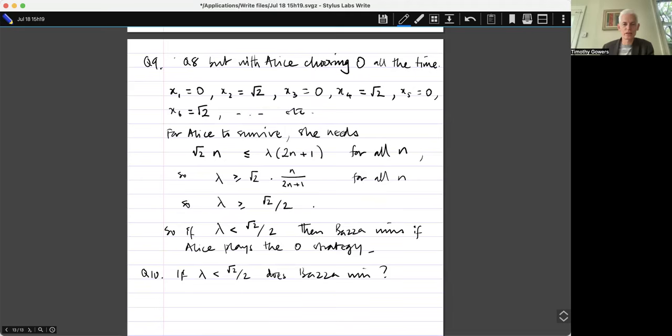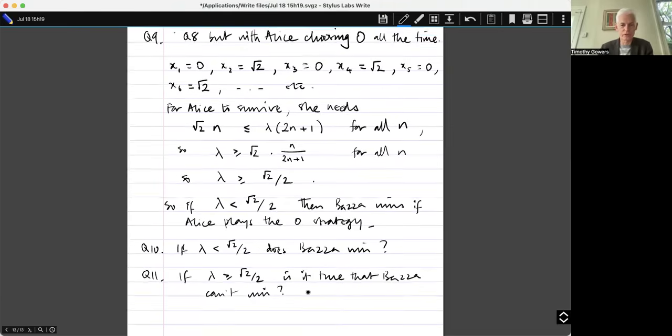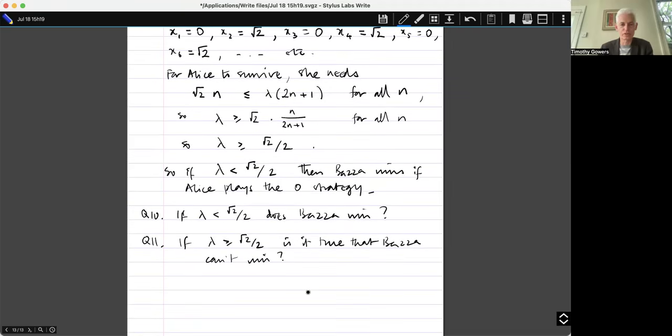And question 11, if lambda is greater than or equal to root 2 over 2, is it true that Bazza can't win? Which I believe is the case because I think that the 0 strategy defeats Bazza in that case.